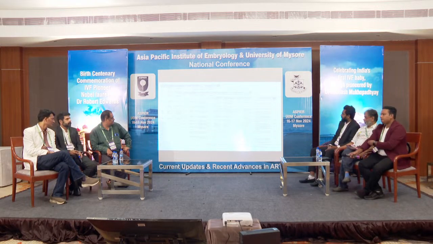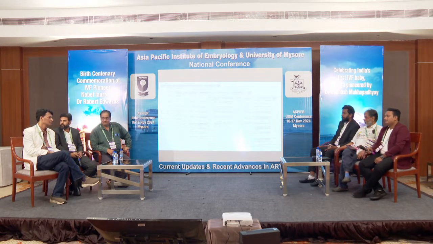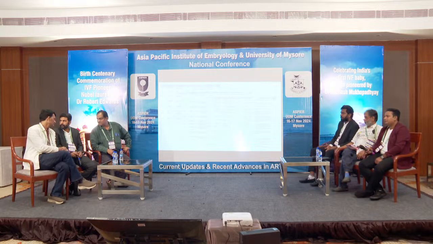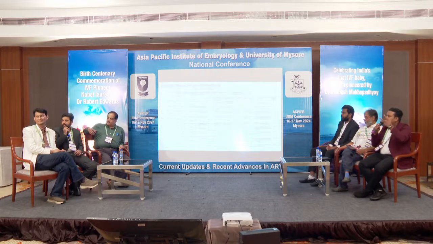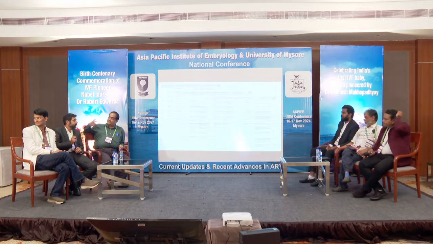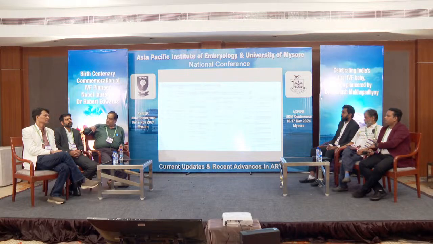So one question: if you find that DFI is high, do you want to delay the treatment for medication, or do the next cycle? It depends on the patient. This is a point where clinician and embryologist both need to be there. What maximum people say, and what the papers have suggested, is that the minimum duration of antioxidant and other targeted therapies is 3 months.